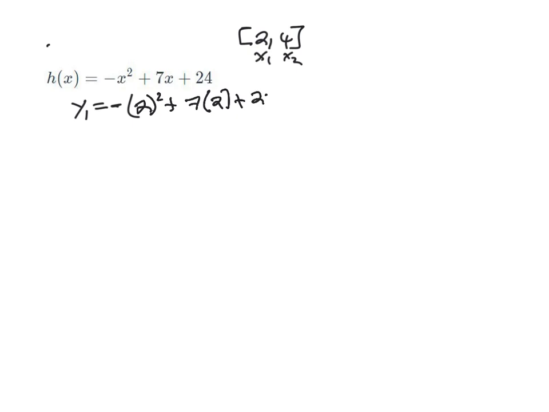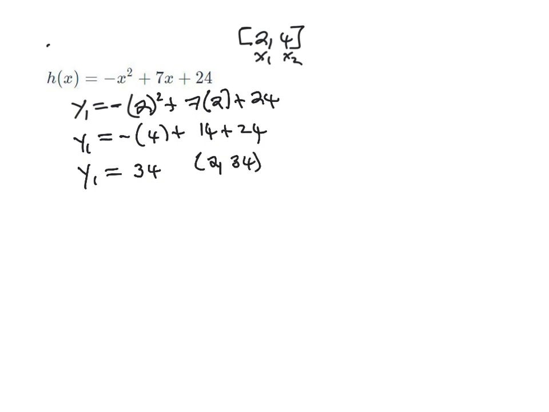So it's going to be y1 equals negative 2 squared, which is 4, plus 7 times 2, which is 14, plus 24. When we put that into the calculator and simplify it, we have y1 equals 34. So we have a coordinate pair, that's (2, 34).